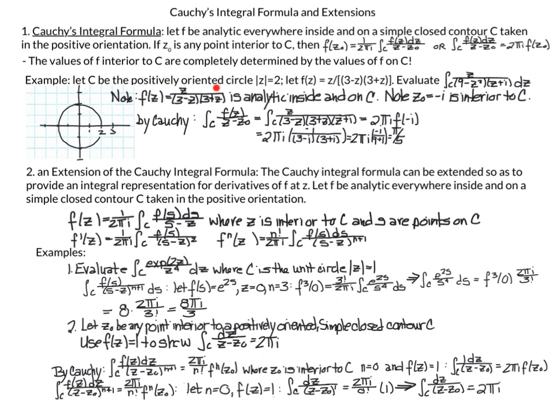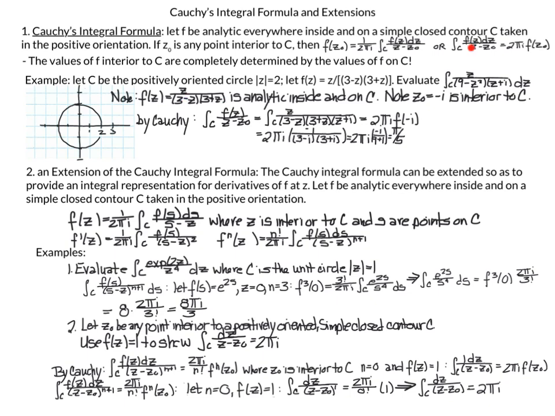Let C be the positively oriented circle, absolute value of z equals 2, and let f of z equal z over 3 minus z times 3 plus z, and we evaluated this integral over C of z over 9 minus z squared, z plus i. First, we took this integral and got it into our Cauchy form. So we let f of z equal z over 3 minus z, 3 plus z, which is exactly this 9 minus z squared.